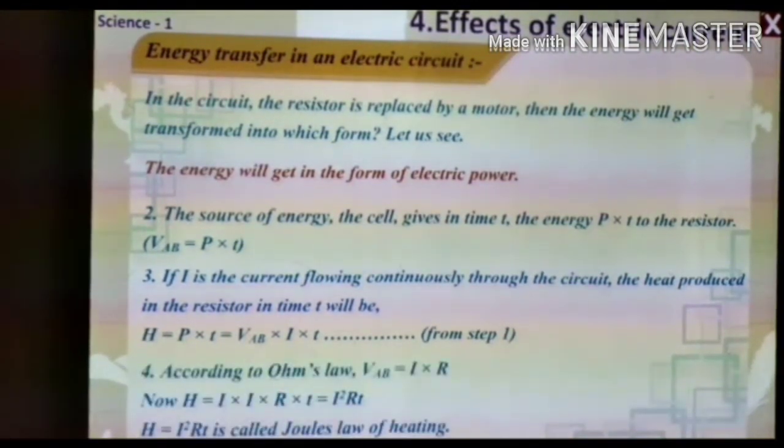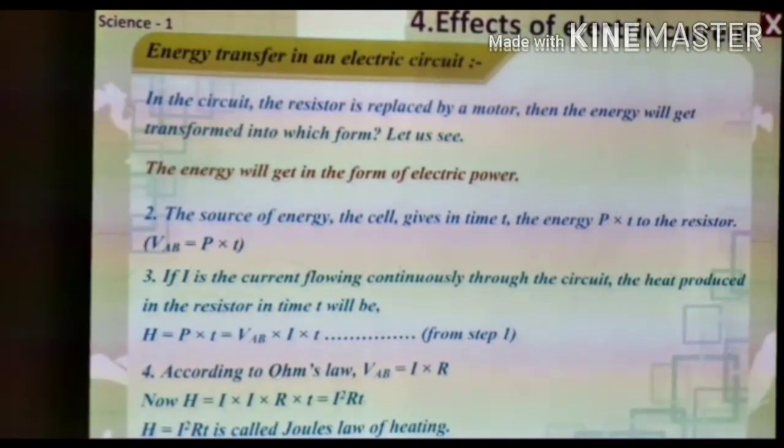According to Ohm's law, V AB is equal to I into R. Now H is equal to I into R into T, that is I square R T. H is equal to I square R T, that is Joule's law. It is called Joule's law of heating.